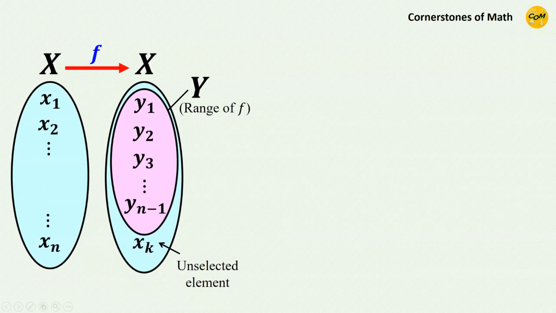And just for the sake of clarity and easier explanation, let us use the following notations. Let's call the range of f as set Y and refer to its elements as y1, y2, y3, and so on, up to y(n-1). Then we have one unselected element xk, which only matters in the next problem, really.